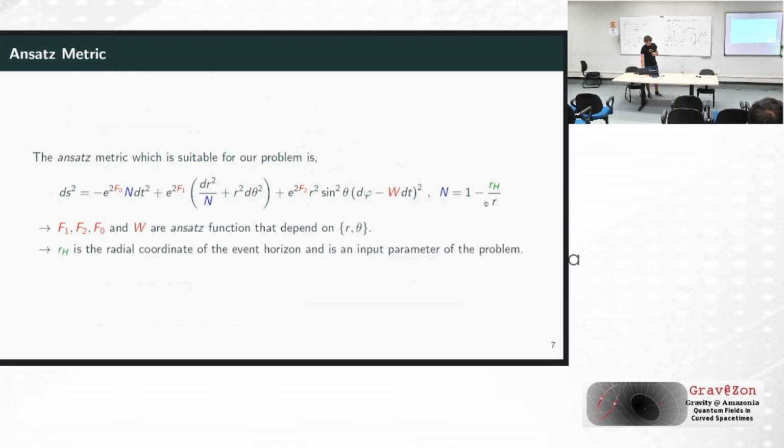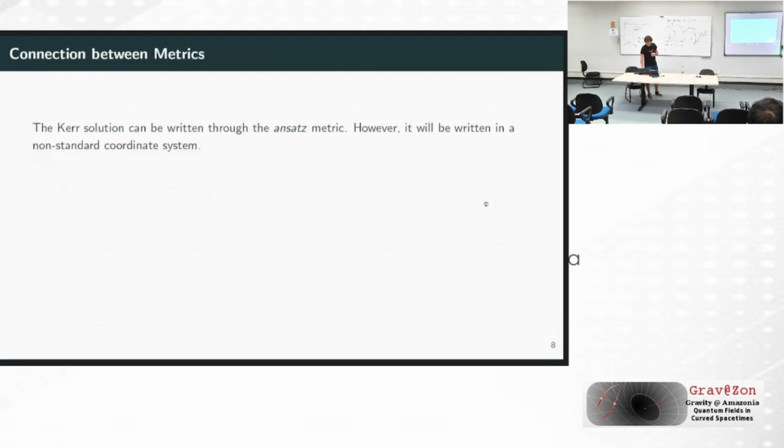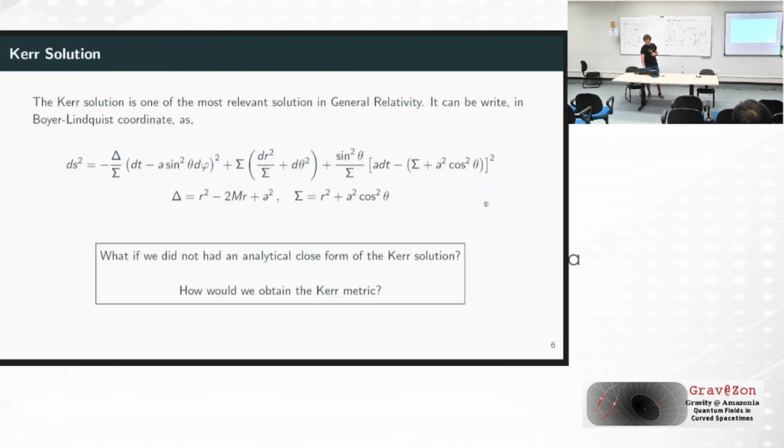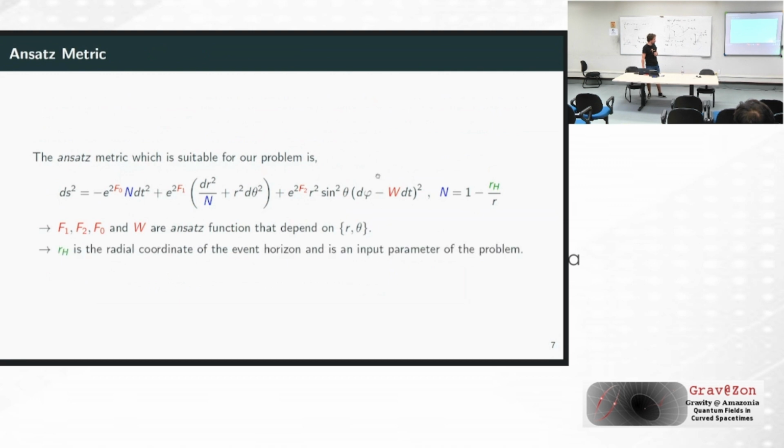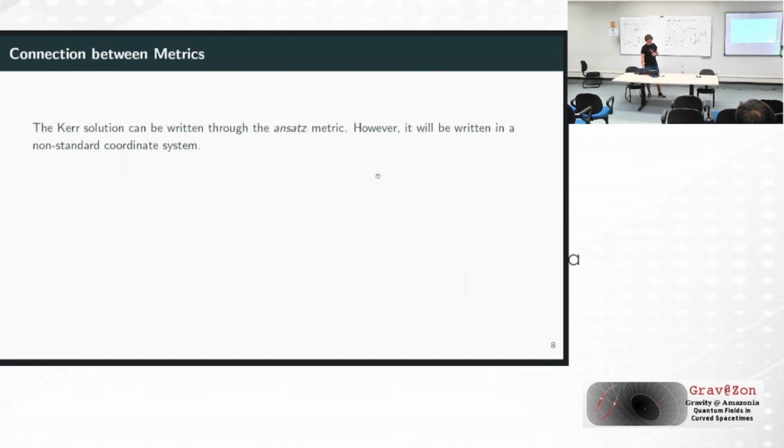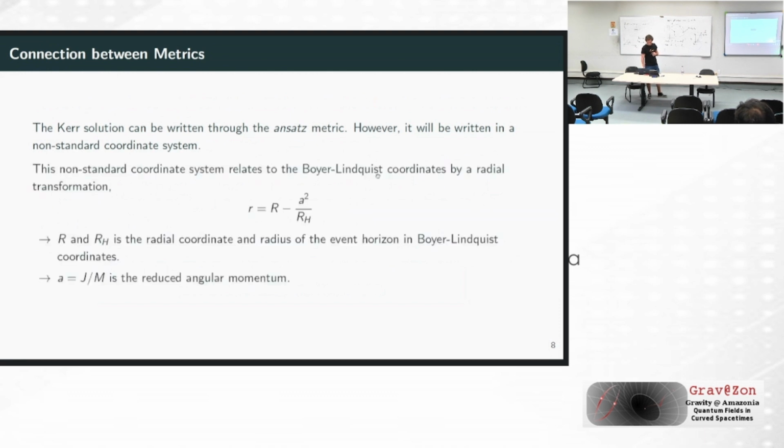Although it doesn't appear so, this metric can be connected to the Kerr metric in Boyer-Lindquist coordinates. It's not written in exactly the same coordinates, so it's slightly different, but there is a connection between this ansatz metric and the Kerr metric in Boyer-Lindquist, which is basically just a radial shift of the radial coordinate.